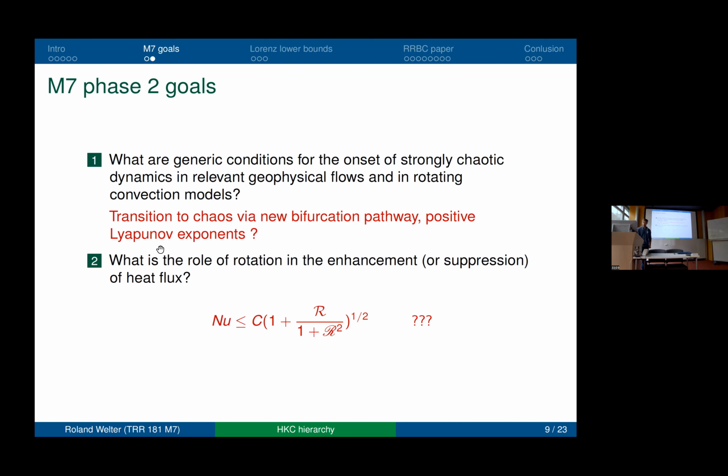Another goal was, what is the role of rotation in the enhancement of heat flux? So initially we were thinking to try to prove an analogous bound for the maximum Nusselt number, but now including rotation. And this bound we actually weren't able to achieve.